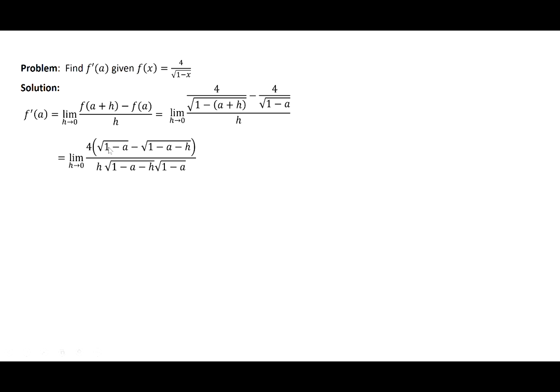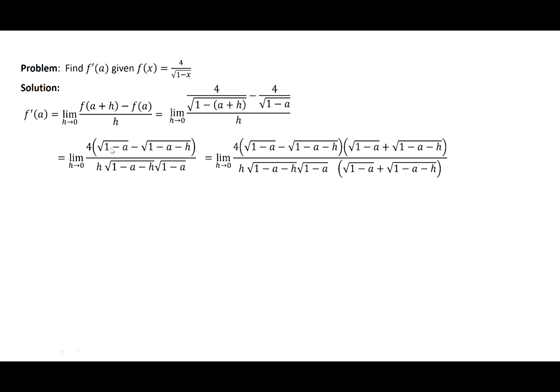You multiply the top and bottom by square root of 1 minus a plus square root of 1 minus a minus h. And when you do that, this is in the form of a minus b times a plus b, which is a square minus b square. Right? Do you agree with that?